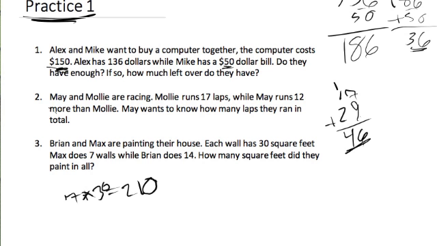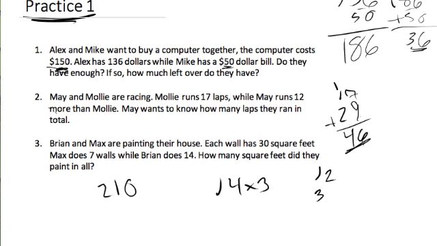So that's what 7 times 30 is. So we have 210. Then we have 14 times 30. We can do the same thing again. So 14 times 3, it's hard to do off the top of your mind. So you have to do 3 times 4 equals 12, and 3 times 10 equals 30. So 30 plus 12 equals 42.